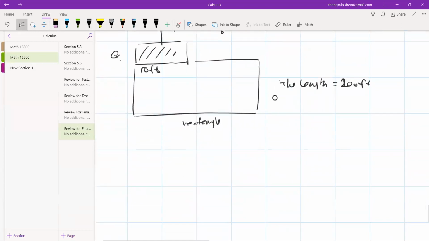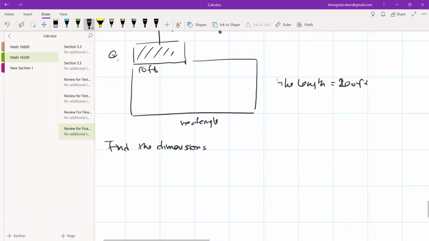So my question is, find the dimension such that the region has the largest possible area.